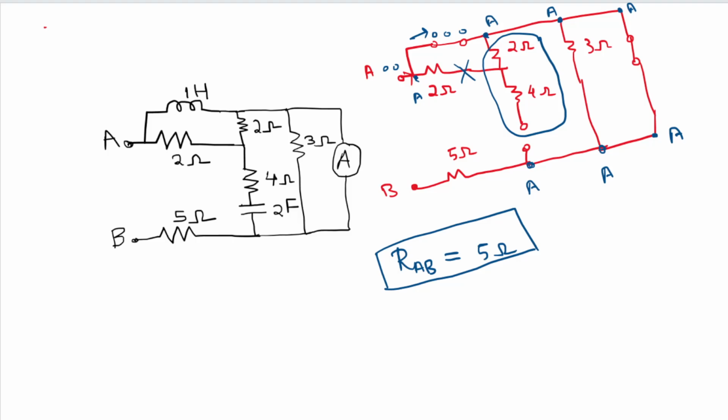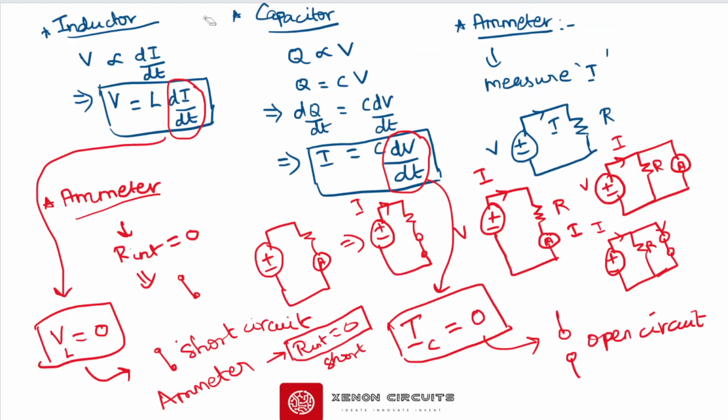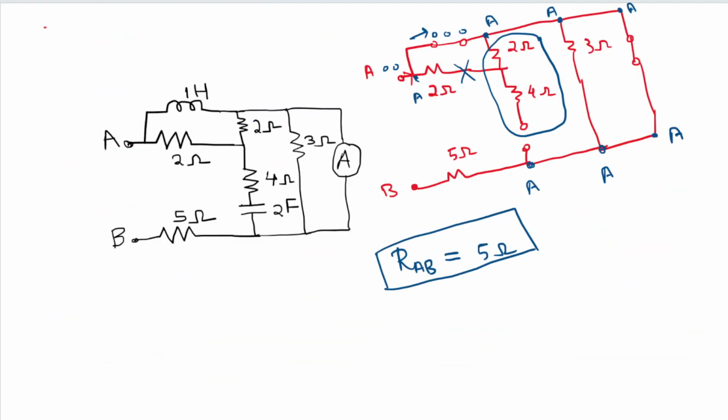And then we introduced inductors and capacitors and how they behave under DC steady state condition, along with how an ideal ammeter behaves, right? So let's enter into the 4th lecture without further delay.